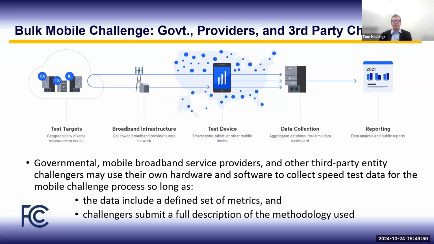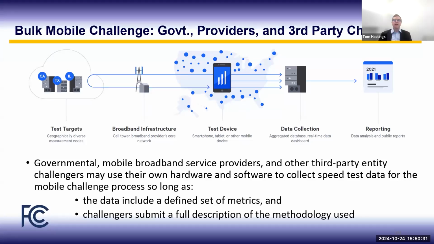The bulk mobile challenge process allows governmental mobile broadband service providers and other third-party challengers to submit bulk mobile challenges into the BDC system. This process enables mobile challenges to a wider geographic area than a typical consumer challenge may create. To effectuate this wider area challenge, governmental mobile broadband service providers and other third-party challengers may use their own hardware and software to collect speed test data for the mobile challenge process, so long as they include a defined set of metrics laid out in the data specifications for mobile speed test data.